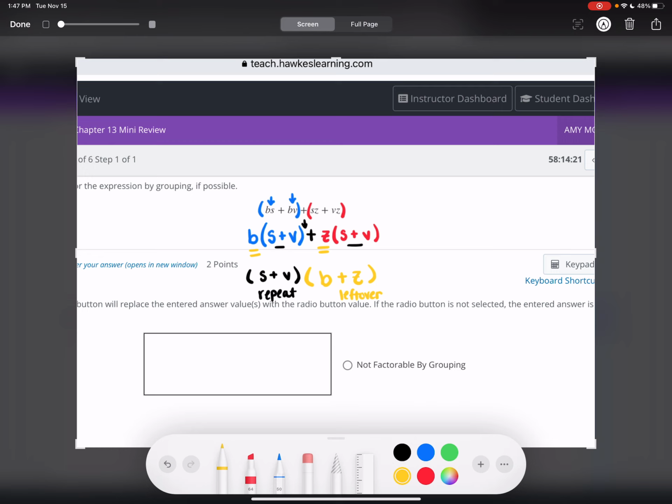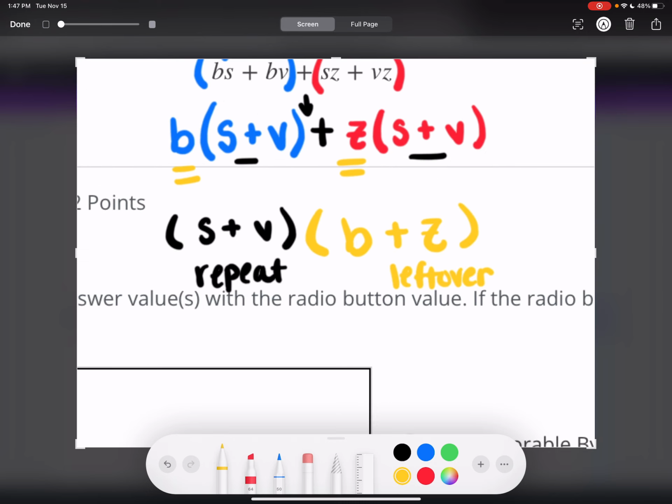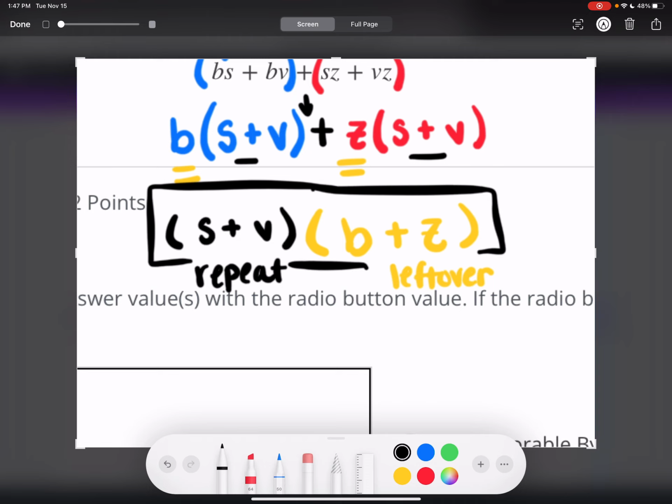And so I'll have S plus V in the blank times B plus Z. Now, the order does not matter of these parentheses, but what matters is what's inside those. And so that would be your final answer right here.